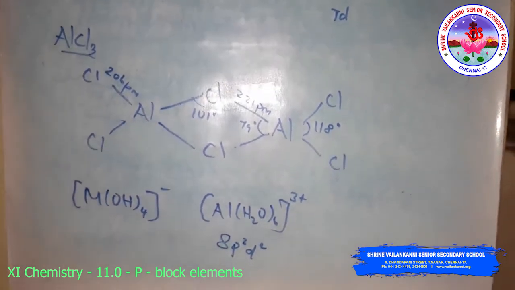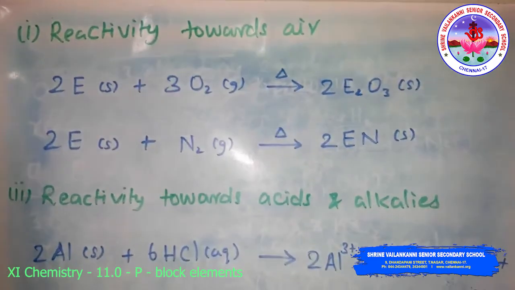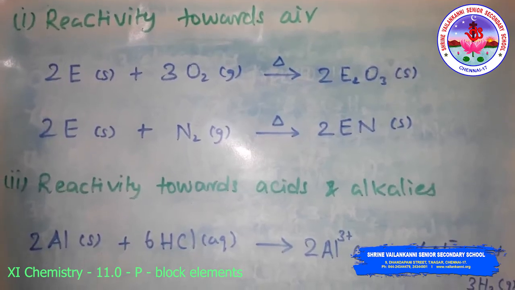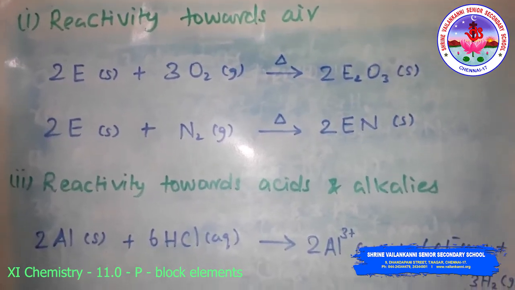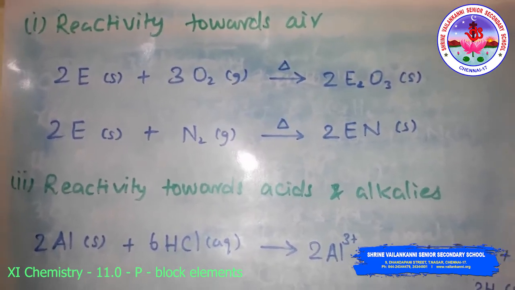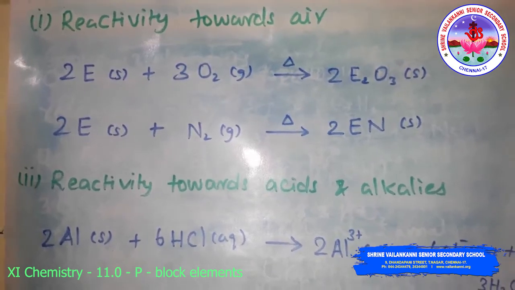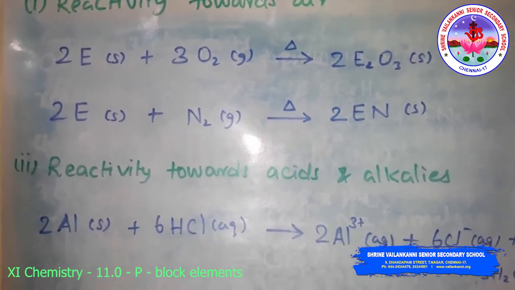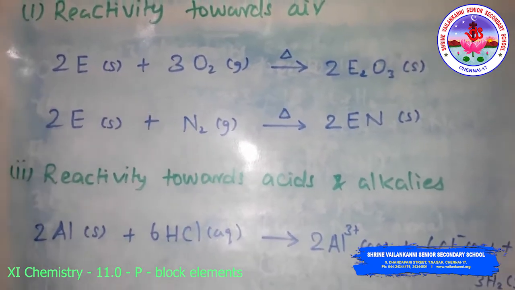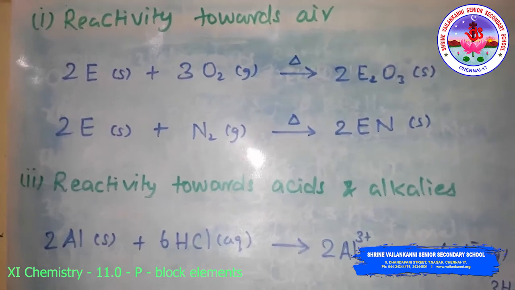The next is reactivity towards air. Now we'll see the reactivity towards the air. Here boron is unreactive in crystalline form. Aluminum forms a very thin oxide layer on the surface which protects the metal from further attack. Then amorphous boron and aluminum metal on heating in air form boron trioxide and aluminum trioxide.